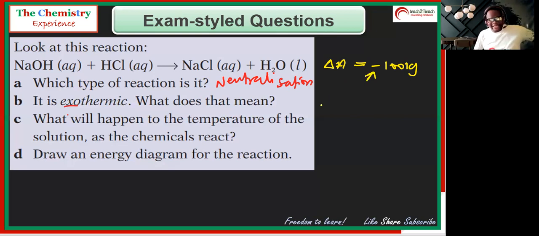What we're saying is that bond formation releases energy. That means it's an exothermic process. Bond breaking consumes energy, absorbs energy, needs energy, takes in energy. That means that it is an endothermic reaction. Yeah, that's what we said. Are you confused anywhere? Let me know.